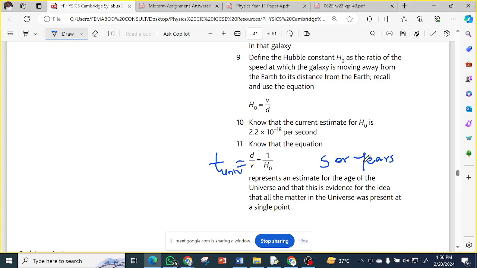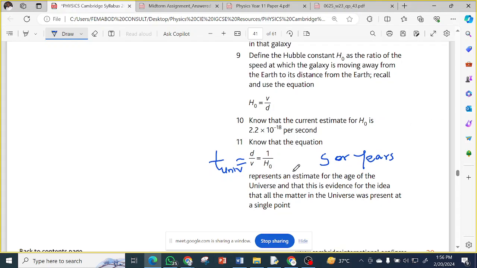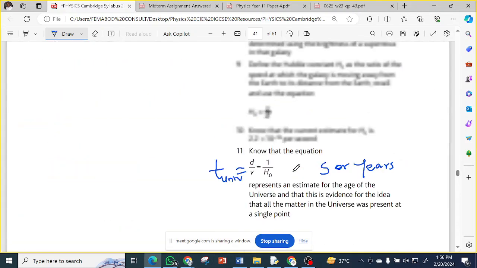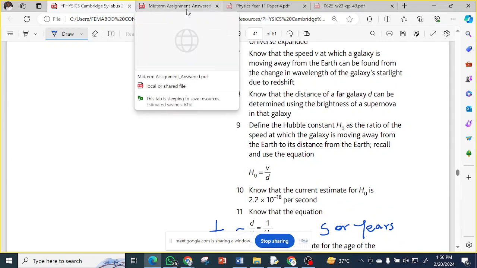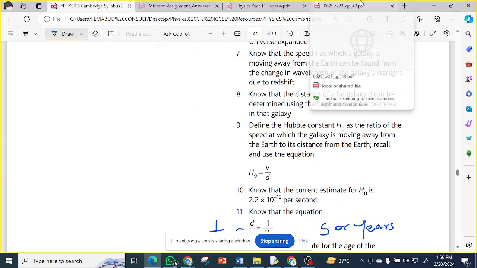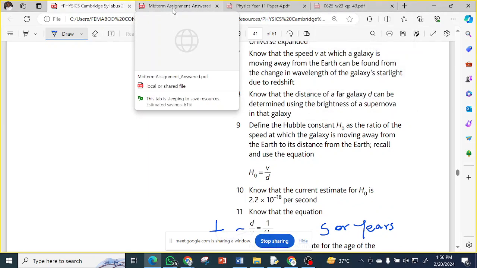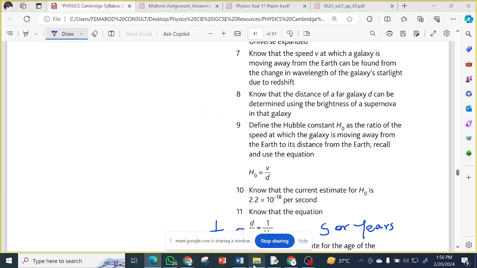Very good. So now we can move to the question that is before us. I posted the question on the Google Classroom, but since we'll be solving this now, I'm going to post more on the Google Classroom.